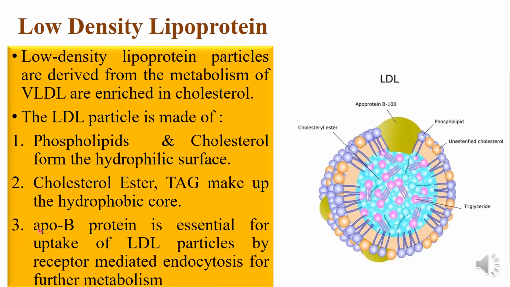There is one protein, that is the apoprotein B100. This apoprotein B100 is essential for uptake of LDL particles by receptor mediated endocytosis for further metabolism. So this is the general structure of an LDL particle.